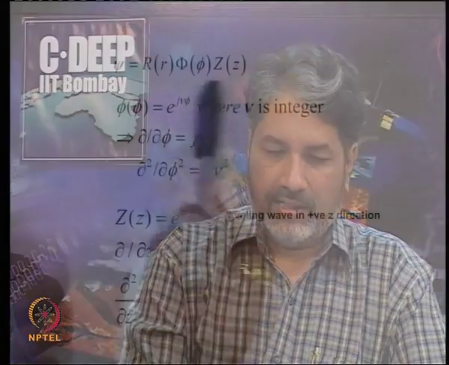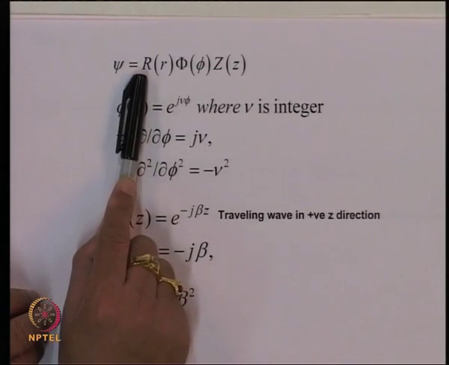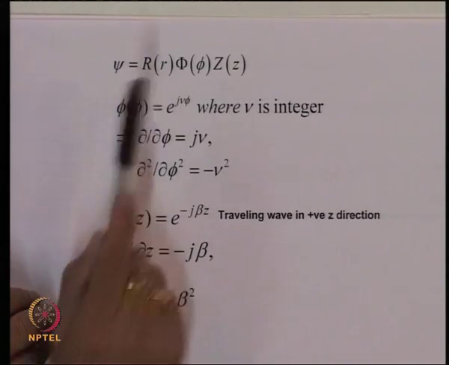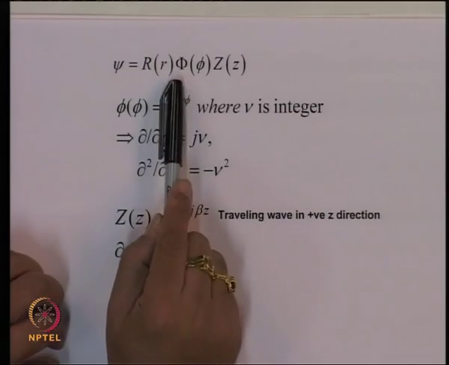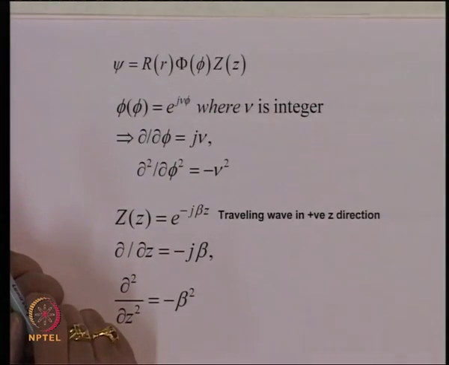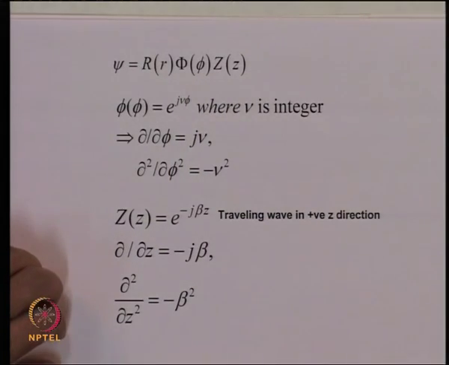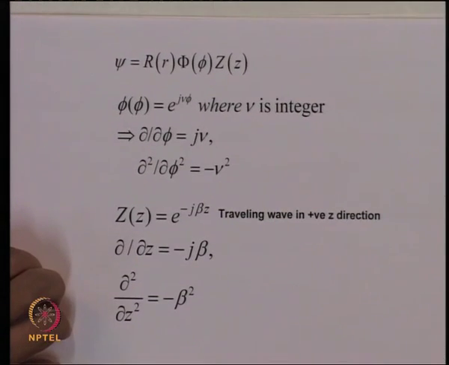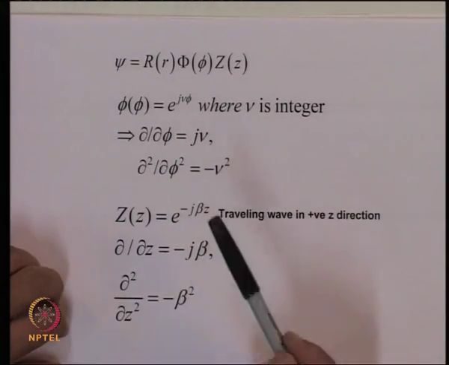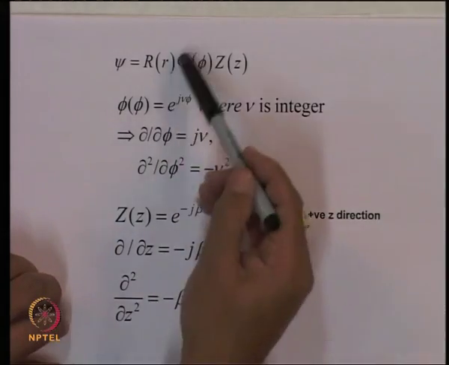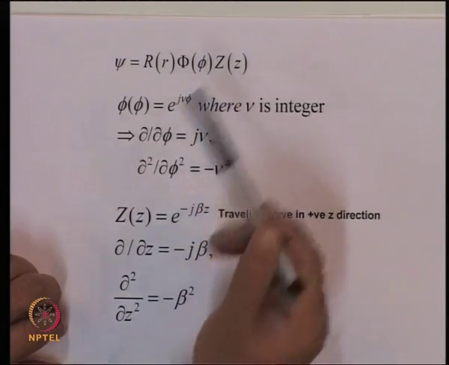Let us say psi can be represented by some function capital R of r, some function capital phi of angle phi, and some function Z of distance z along the axis of the fiber. Now, we have to put our understanding together one by one and see what the functional form of these quantities could be.